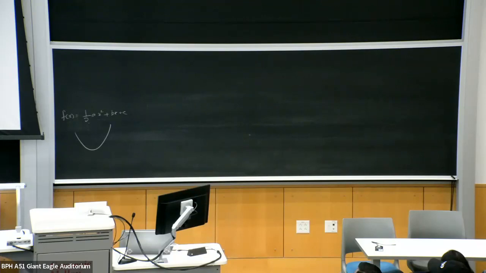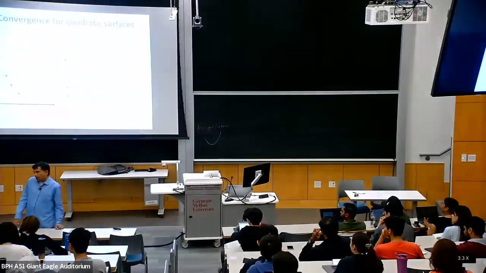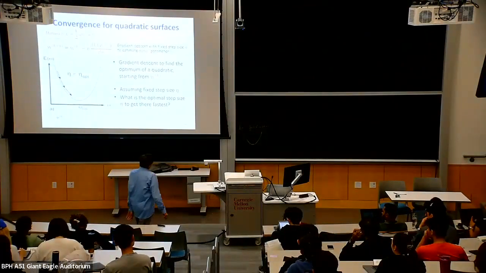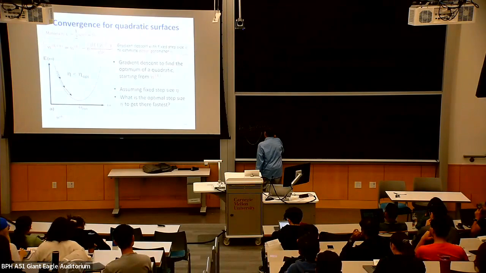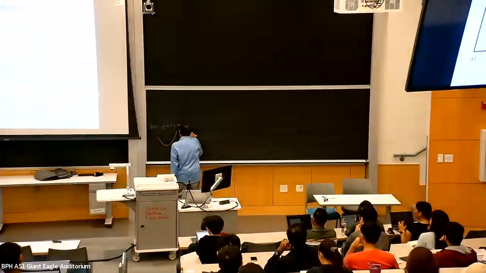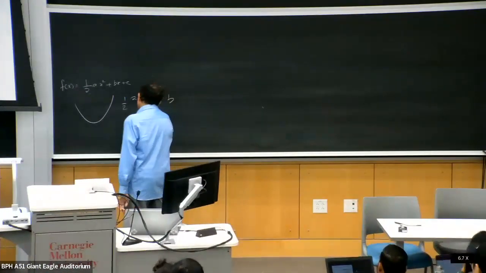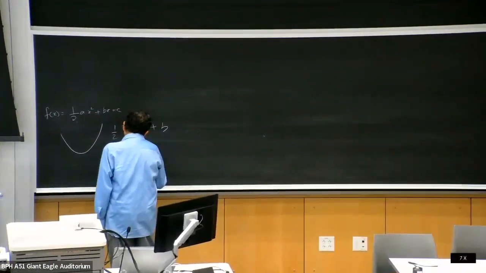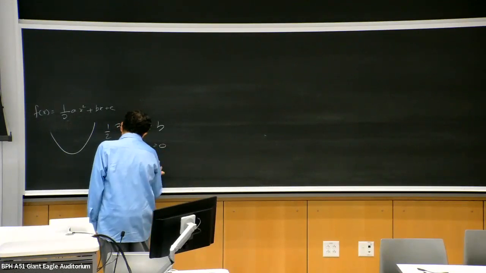How do you solve for the minimum of a quadratic? Take the derivative and equate it to 0, right? So the solution for this is 2 times half times 2a times x plus b, which is ax plus b equals 0, x equals minus b over a.